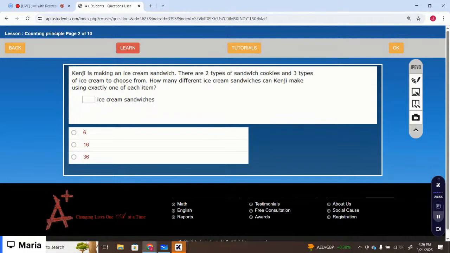How many different ice cream sandwiches can Kenji make using one of each item? Two times three. Option number one is the correct option, six it is.